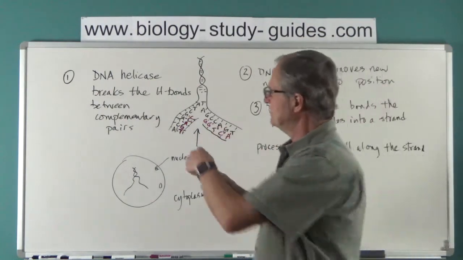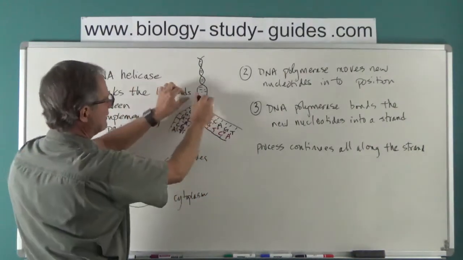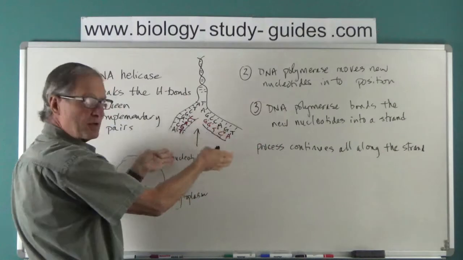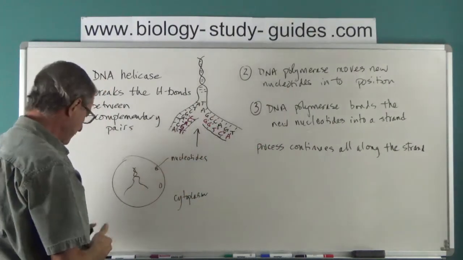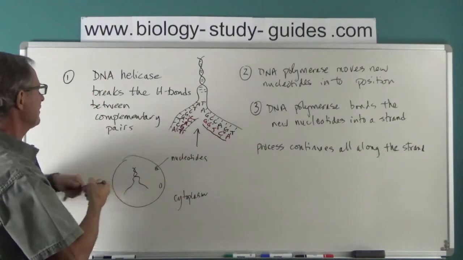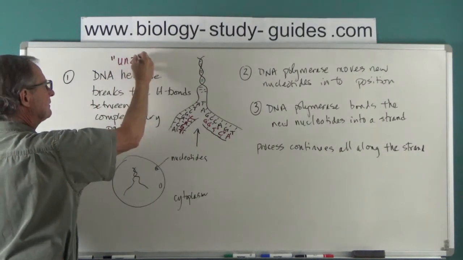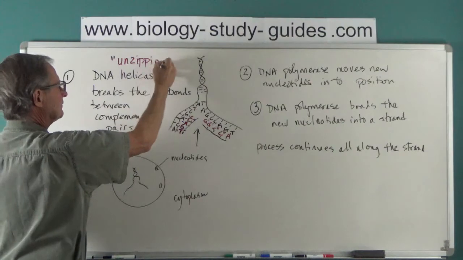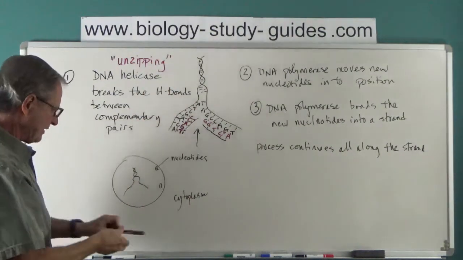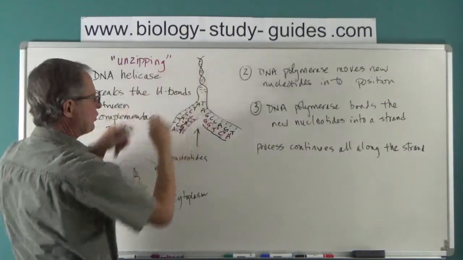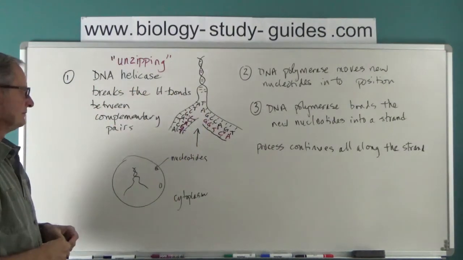DNA helicase comes along and breaks it as it goes up like that, and as that's happening, this part's being put together down here. We call this first thing here unzipping, because it's kind of like a zipper that unzips, so it just goes sequentially along the chromosome.